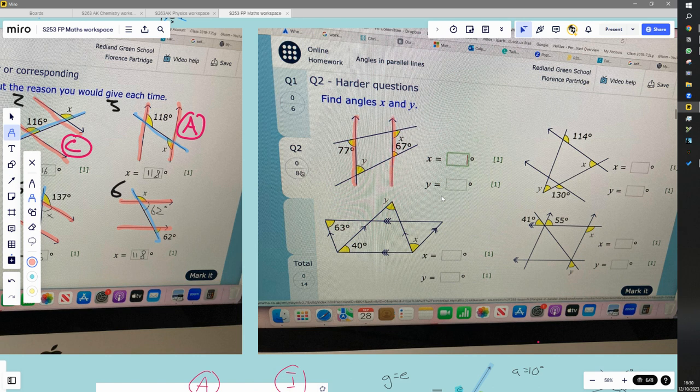So why don't we start off, so we can see this clearly, by identifying the parallel lines. Now this one is very interesting. We've got this is parallel with this, and I'm going to have to use a different colour, aren't I? So I won't colour in anything apart from parallel lines now.